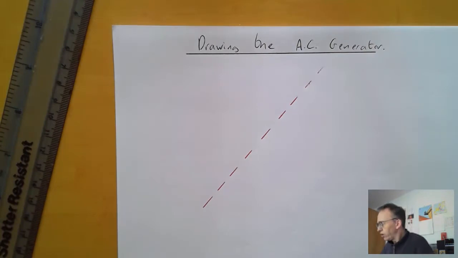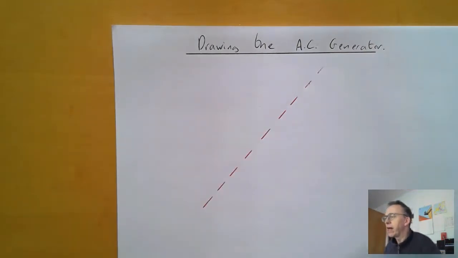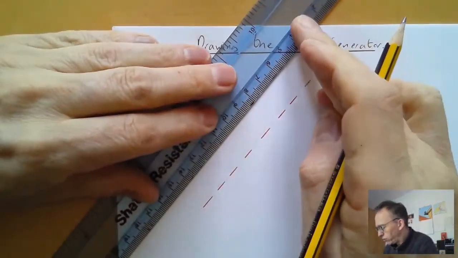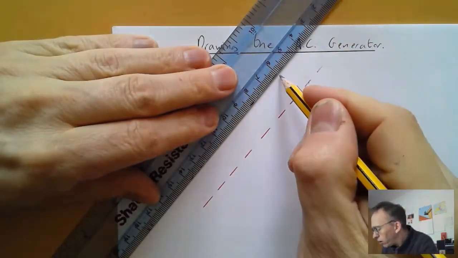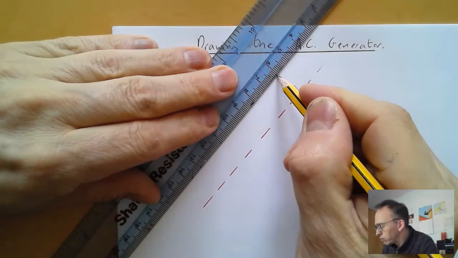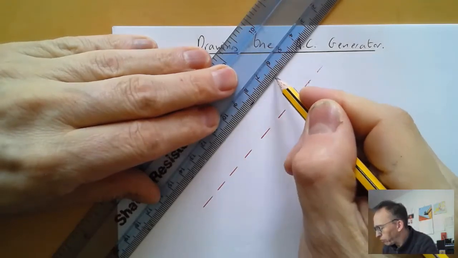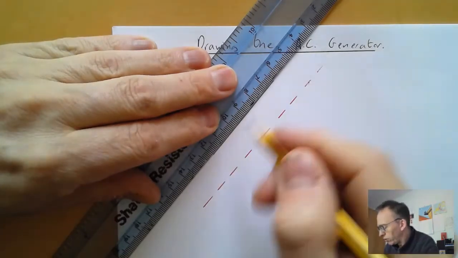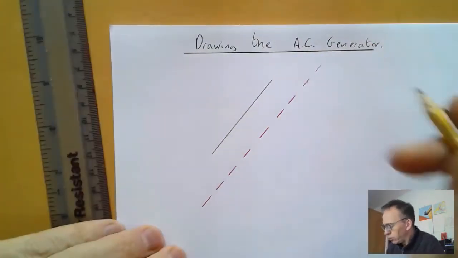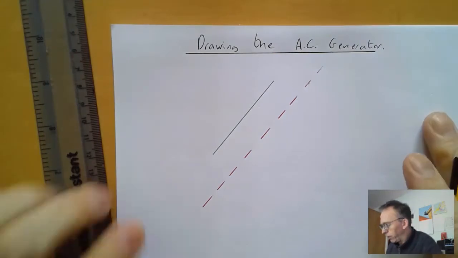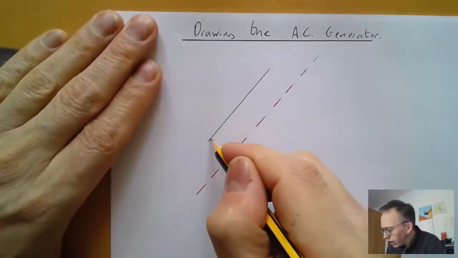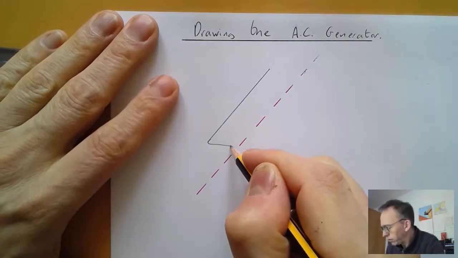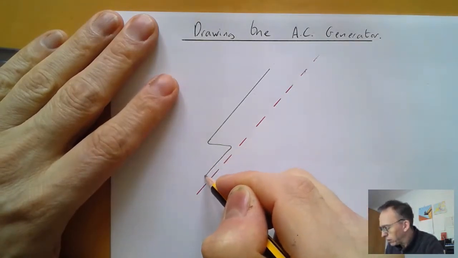Okay, now around that axis we're going to draw the coil. So go from here, I'll go from here. Okay, so that's one side of the coil, and then this is the front end, and this is going to be the output.